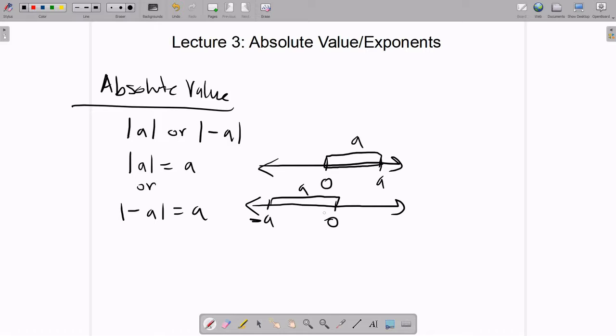If you have a tape measure and you measure each direction, you just get the positive value of that. And that pretty much defines what your absolute value is.